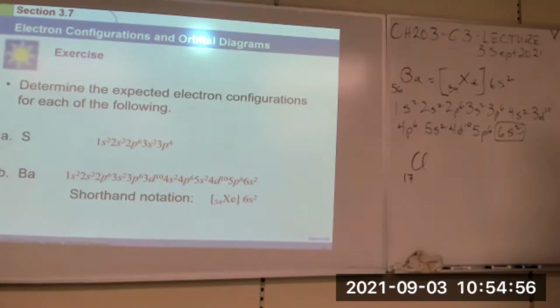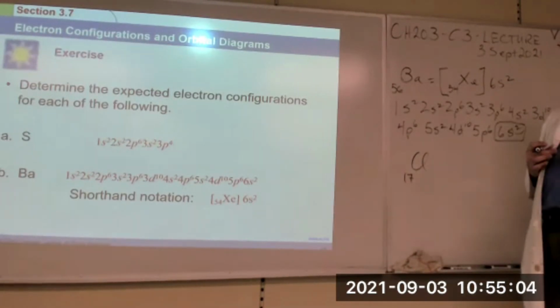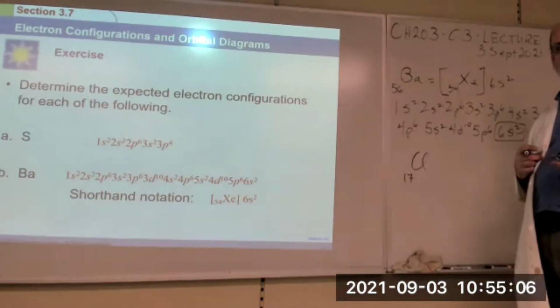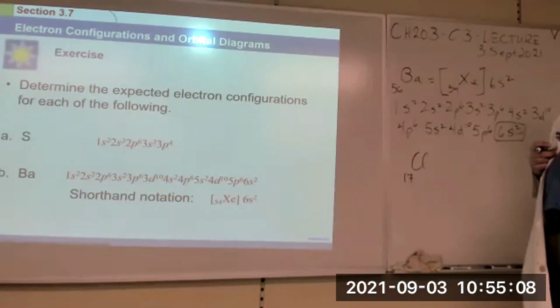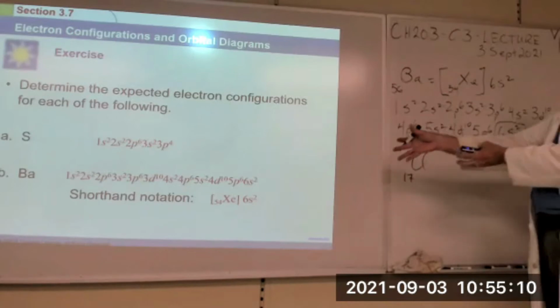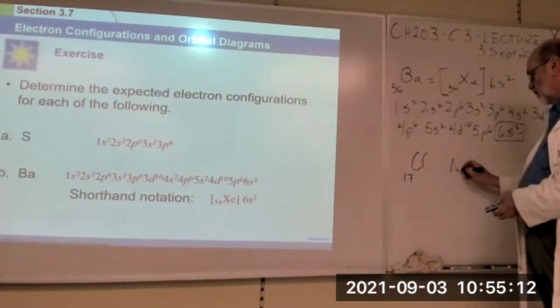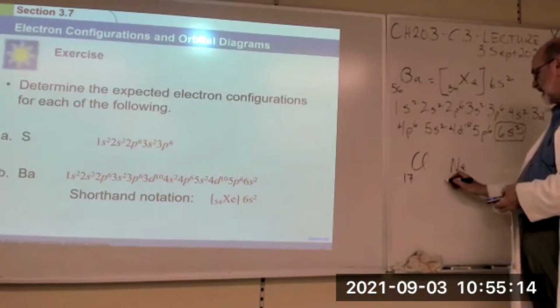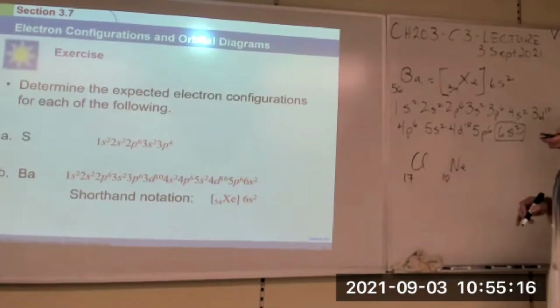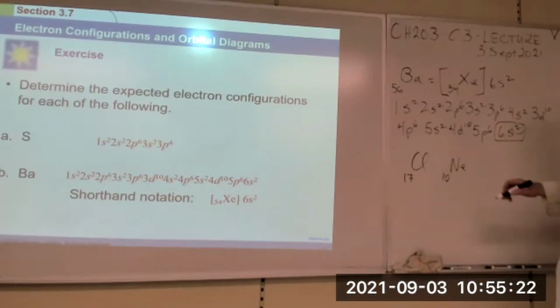You go backwards, backwards, backwards, and then wrap around. The highest noble gas that's close to chlorine was neon. Neon would be 10 here, and then we'd say 3s2 and 3p5.